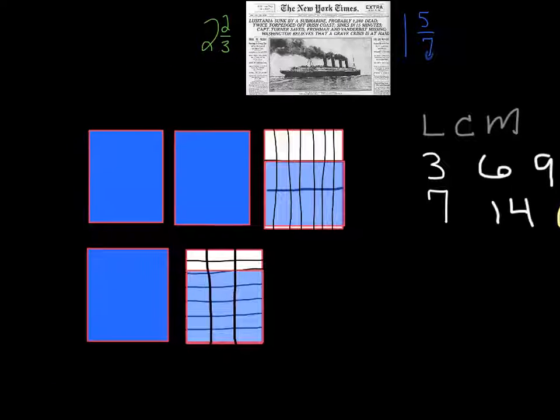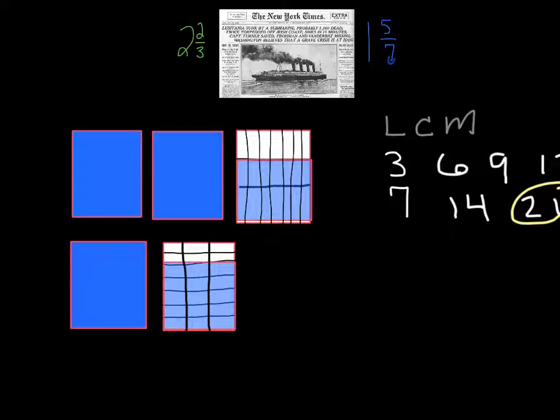So now I am ready to simply add these up. So I can count my whole pages, 1, 2, 3. So I have 3 whole pages, and then I've got all these 21st.